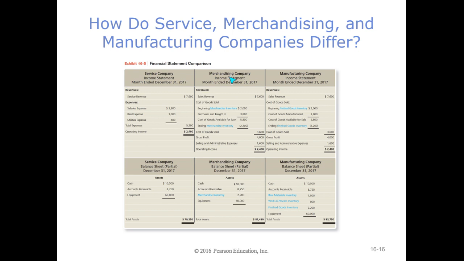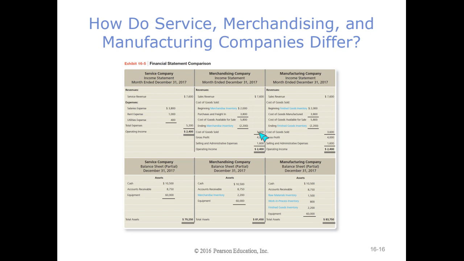For a merchandising company, this is our cost of goods sold here. If we're trying to figure out what the cost of goods sold is or how to calculate it, we see here that we have a total cost of goods sold of $3,600. To calculate that, we had to take the goods available for sale minus the ending merchandise inventory to get the cost of goods sold.